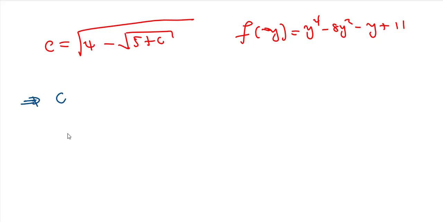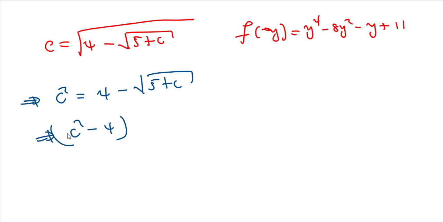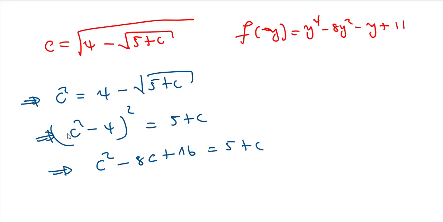So what do we have? This will imply that c squared is equal to 4 minus the square root of 5 plus c. Now this means that we have c squared minus 4, and I'll just square it. That will be equal to 5 plus c. So this means I will have c squared minus 8c plus 16 is equal to 5 plus c.